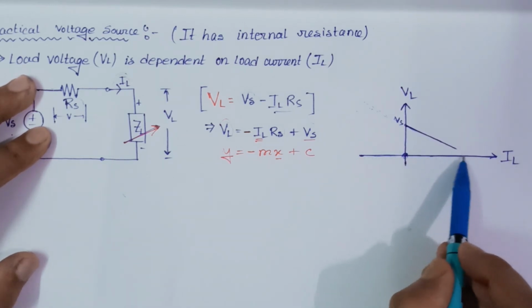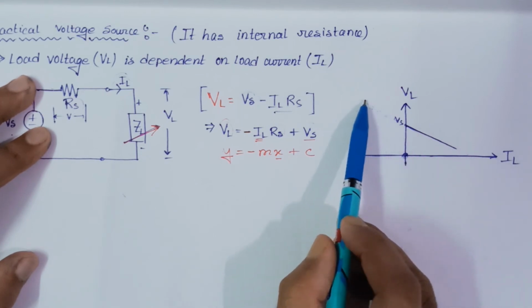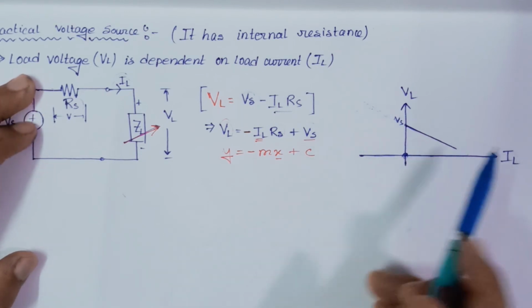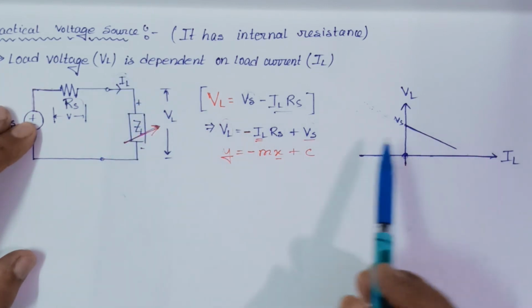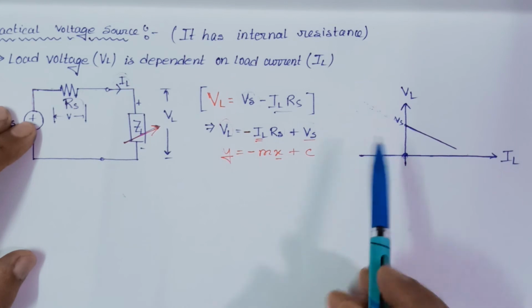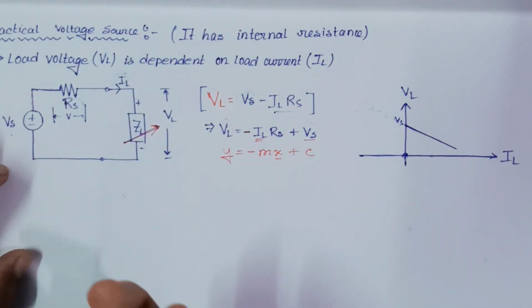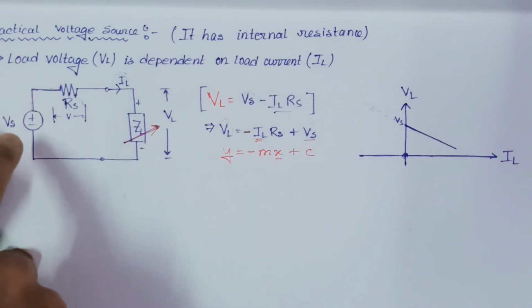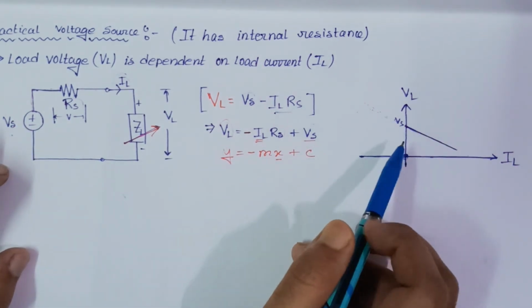Now see, I am not showing the graph in this negative part. Why? Because we are only considering the value of current in this direction, and if you consider IL negative, it means you are reversing the direction of current, which is not significant in a DC circuit. I am drawing a purely DC circuit, not an AC circuit here.